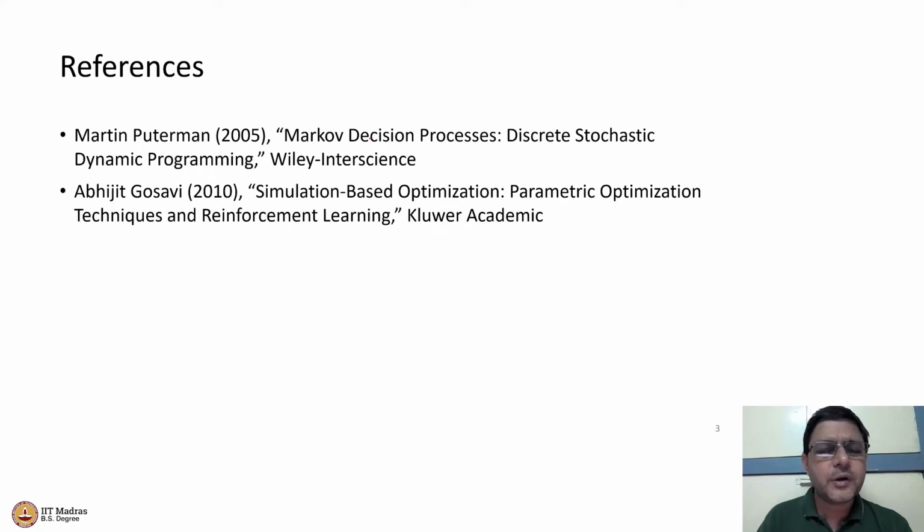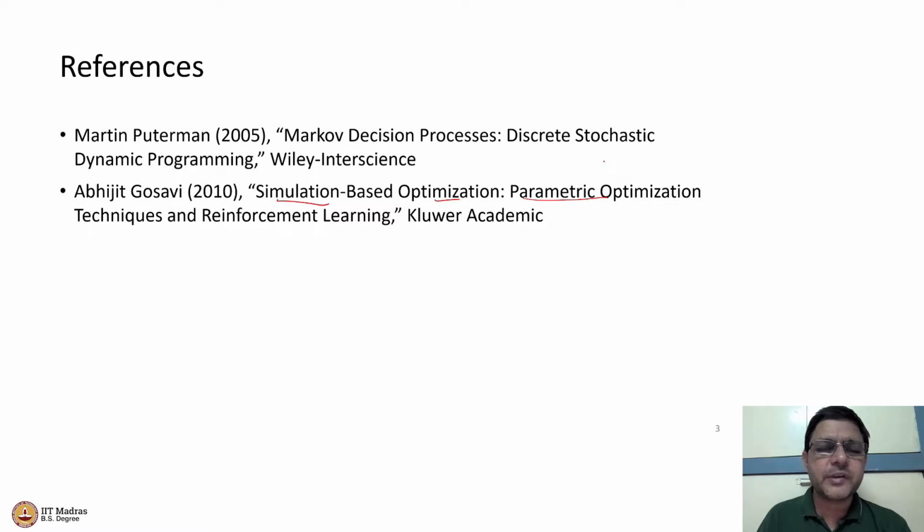In Abhijit Gosavi's book, even though the focus of the book is on simulation-based optimization, there is a very detailed description of MDPs through exhaustive search and why exhaustive search fails, and therefore we need to use some clever method, some method using a Bellman equation, and therefore policy iteration, value iteration, precisely what we are going to do in this session.